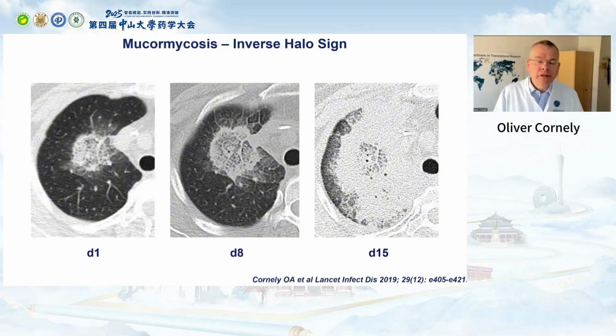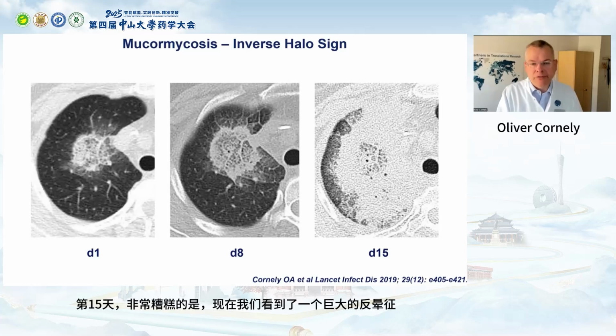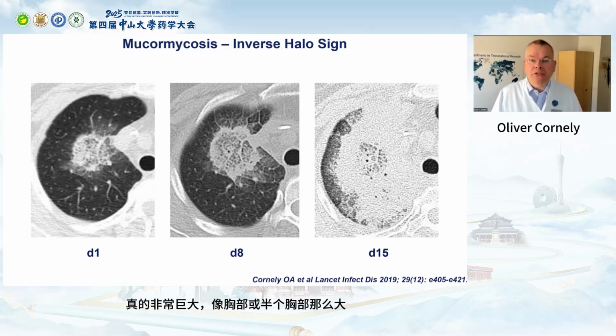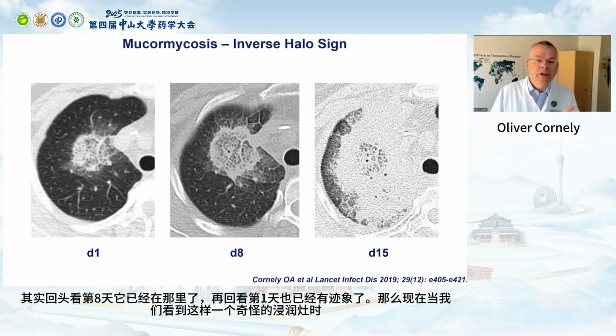Day 15, catastrophic. And now we have an inverse halo sign, which is really massive, as big as half of the chest, and we see the necrotic material in the middle. So on day 15, we then understood what was happening, went back to day 8, and it was already there, and went back to day 1.